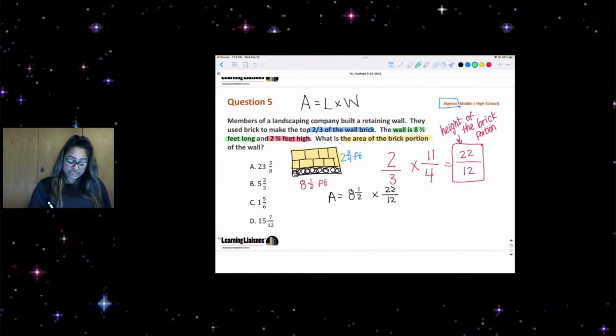So let's go ahead and change our 8.5 into an improper number. 8 times 2 is 16 plus 1 is 17 over 2. Okay, now I'm going to multiply. I'm going to get a nice large number. 22 times 17 is going to give me 374, and 2 times 12 is going to give me 24.